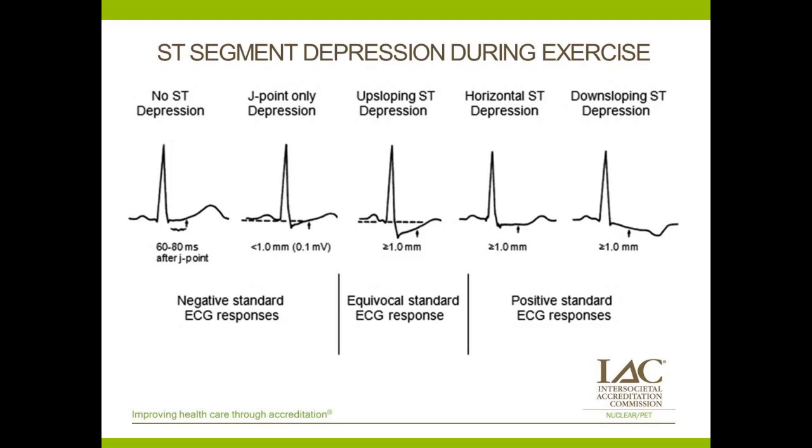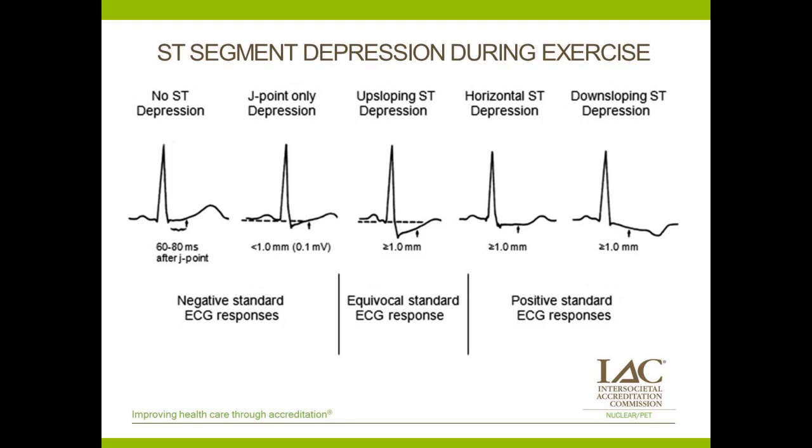Now, the guidelines allow you to say if it's very slowly upsloping that it might be a borderline positive test. That's kind of in the eyes of the beholder and requires some experience to make that determination. More importantly, I draw your attention to the right side, those last 2 QRS complexes: horizontal ST depression and downsloping ST depression.